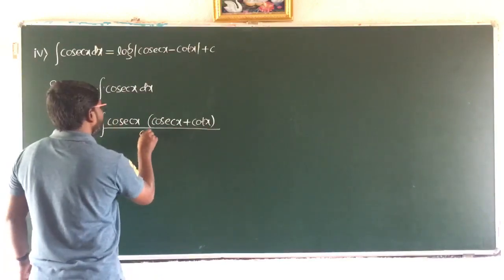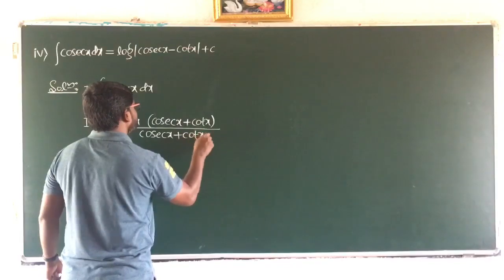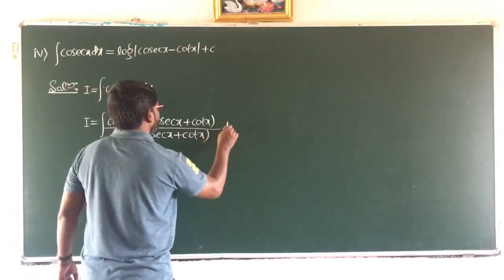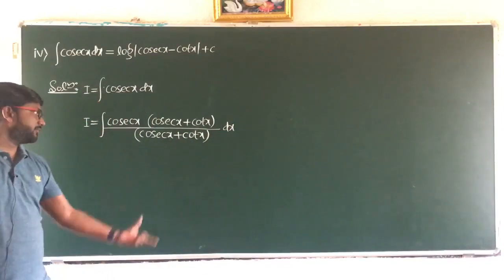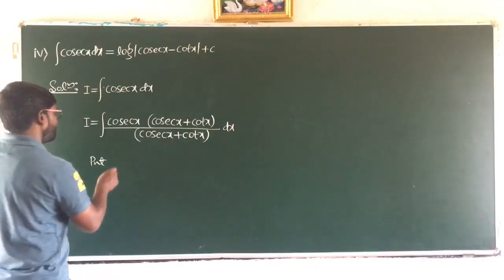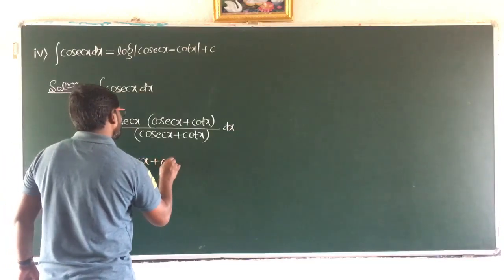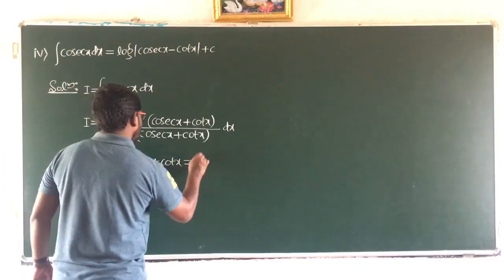Now put the denominator equal to t. So put cosecant x plus cot x equal to t.